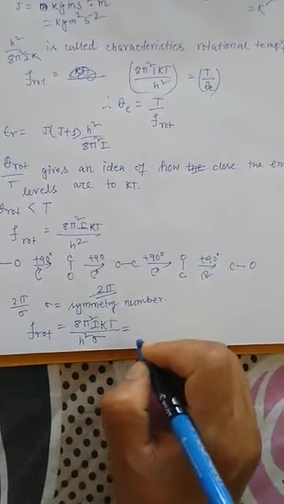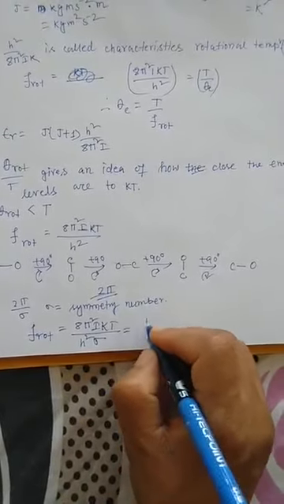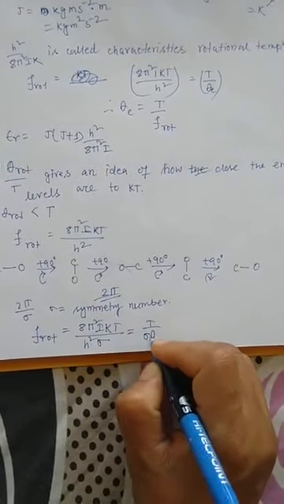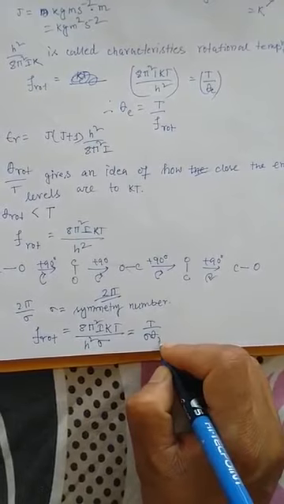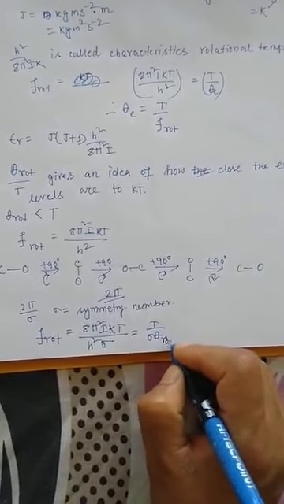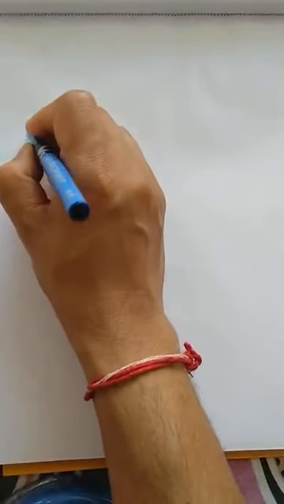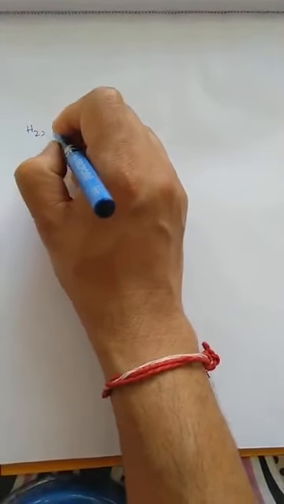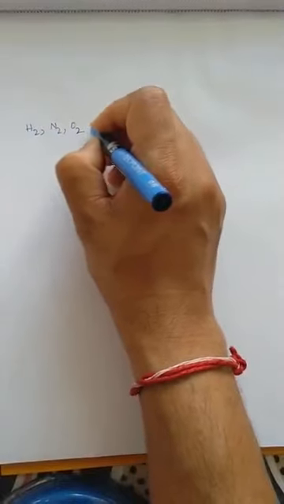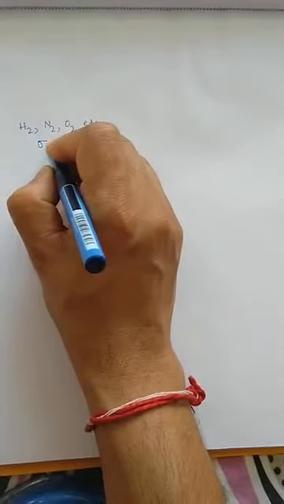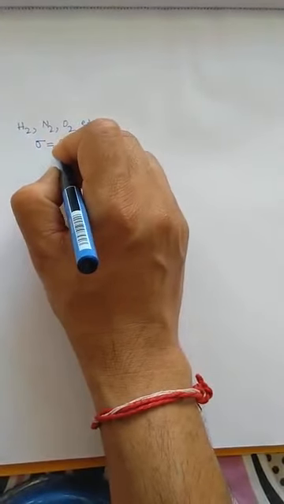So you have to include this, and in the theta rotational terms it becomes T by sigma into theta rotational. Now for homonuclear diatomic molecules like H2, N2, O2, etc., we know that after every 180-degree rotation, an identical structure will appear in their rotational motions. So for this type of molecule, the symmetry number is equal to 2.